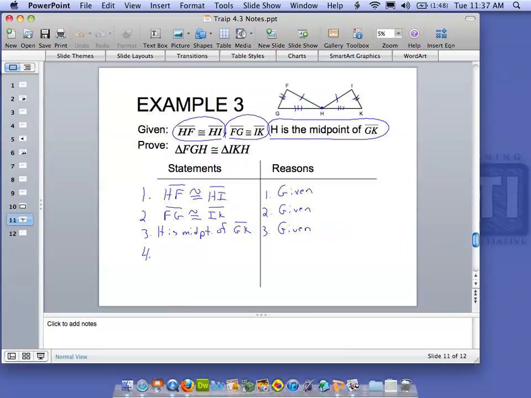So my next statement comes from the previous one. If H is a midpoint of GK, then GH must be congruent to HK. And the reason I'm going to give is I know what midpoint means, so I call this definition of a midpoint.